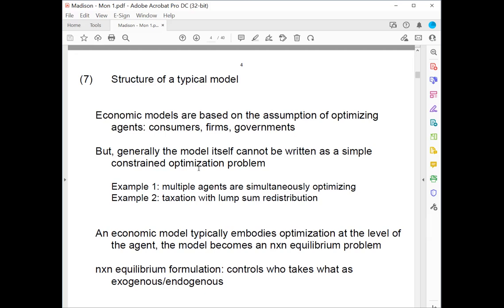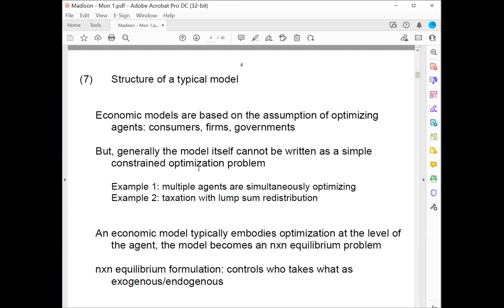The structure of a typical model in economics is models based on the assumption of optimizing behavior by different agents in the model: consumers, firms, and governments. But generally, the model cannot be written as a simple constrained optimization problem because there are multiple different agents doing their own optimization in the larger environment.